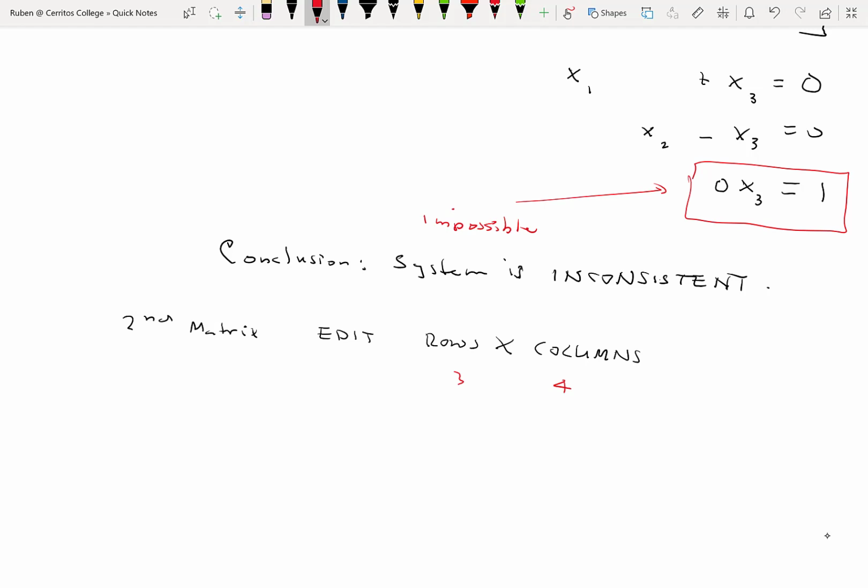Then you enter the third row. You push 2, enter, 1, enter, 1, enter, and 2, enter.